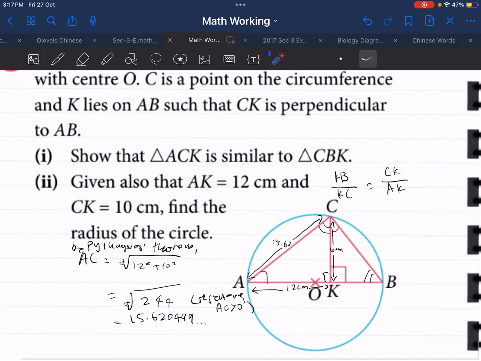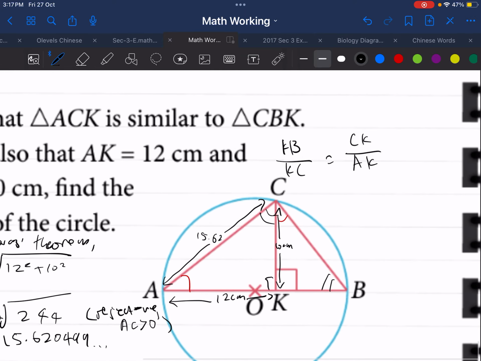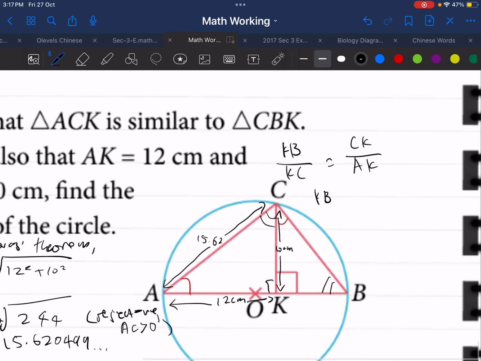Now sub in the values. KB you don't know, just leave it as KB. KC is 10, equal to CK, which is 10, over AK. AK is 12.